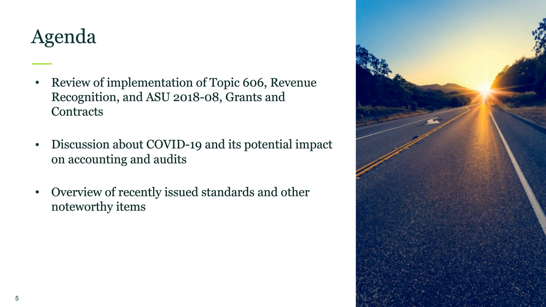All right, our first polling question today: what type of not-for-profit organization do you represent? A, college or university, B, arts, C, foundation or other grant-making organization, D, health and welfare or community services, E, research institution, or F, other. And I'll give everyone a few moments to respond.